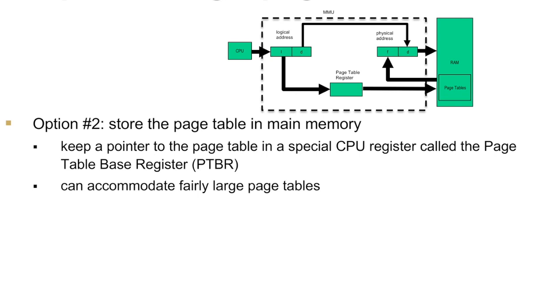This can handle any size page tables because all we are doing is just accessing memory. We have a fast context switch because all we need to do when a new process comes in is just change that page table register, and then we can look up every single frame.